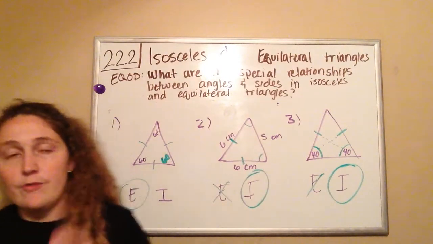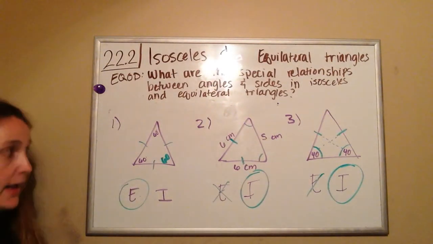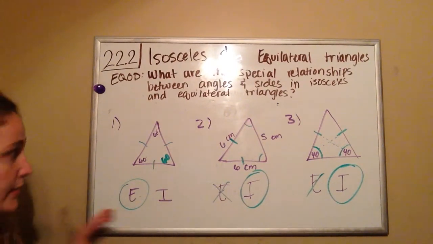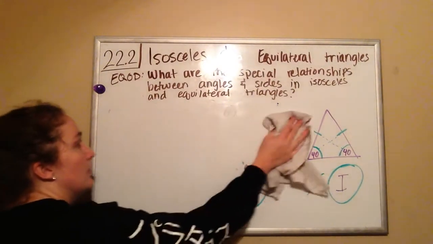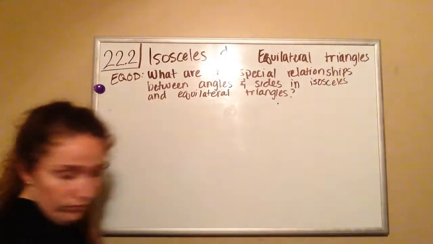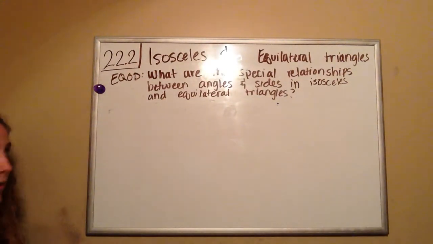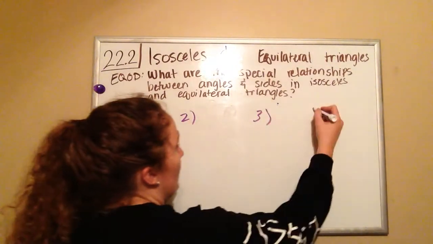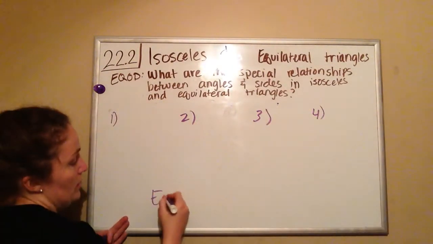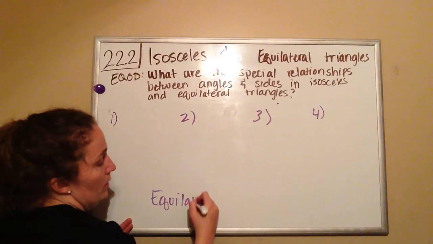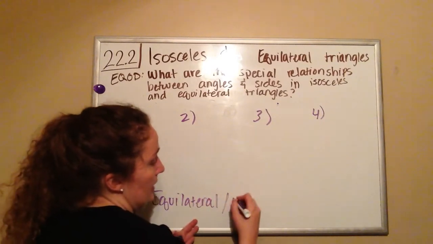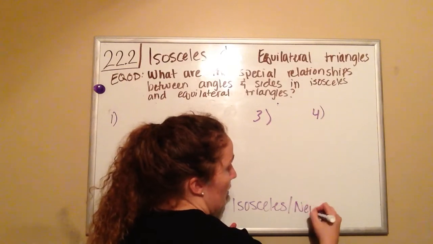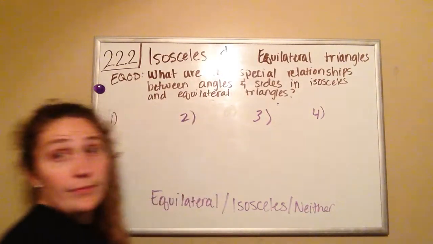Okay, I'm going to give you 4 to do on your own, and we still have a little bit more to do with solving some actual algebraic equations for these triangles. Here's 4 that you're doing on your own. You are telling me equilateral, isosceles, or neither. Okay.